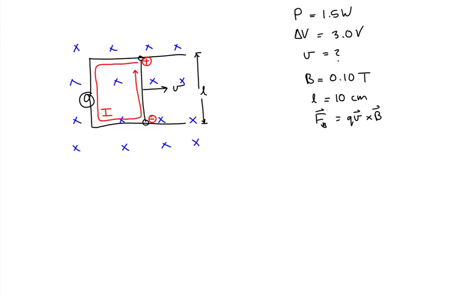Once that current is produced, that will allow the light bulb to light. So we need to figure out how fast that moving wire needs to move in order to allow the light bulb to light to full brightness.